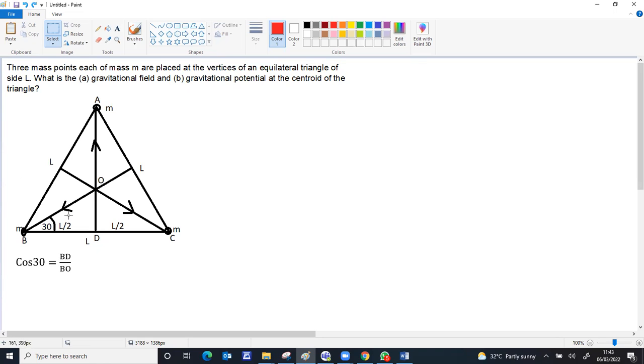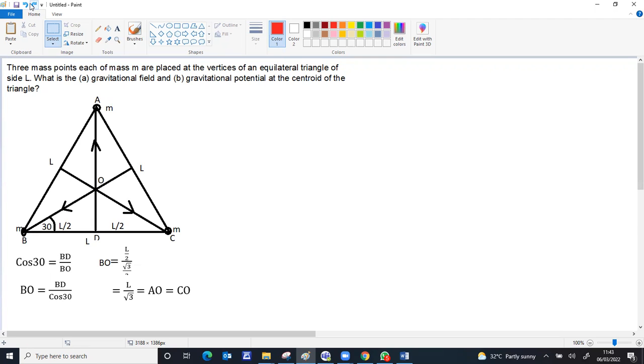Your aim is to find BO, so BO will be BD by cos 30. Cos 30 is the same as sin 60, root 3 by 2. BC is L, so BD is L by 2. So L by 2 upon root 3 by 2 will be L by root 3 finally.